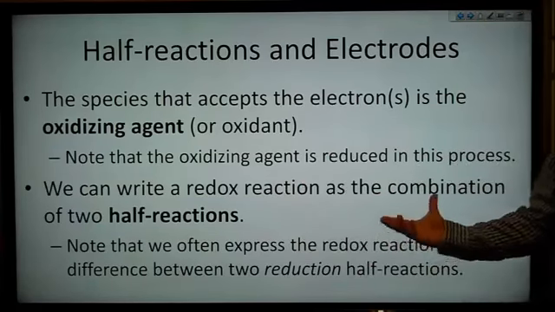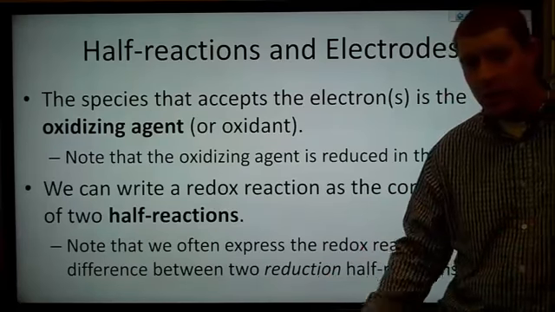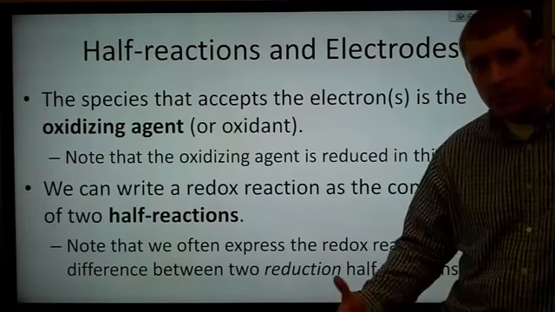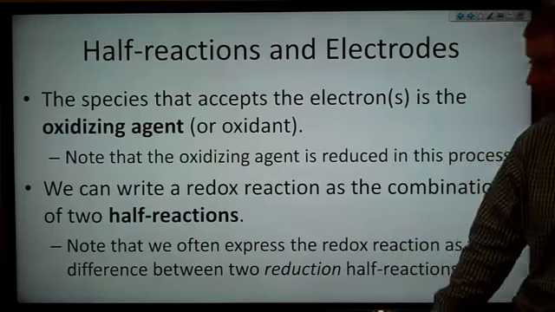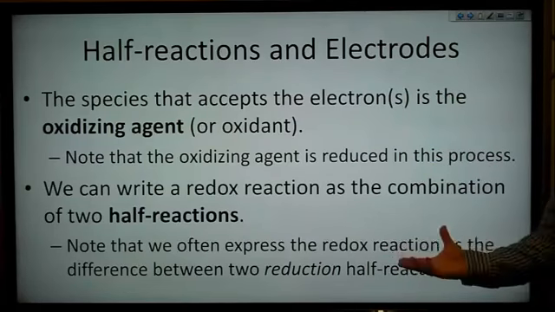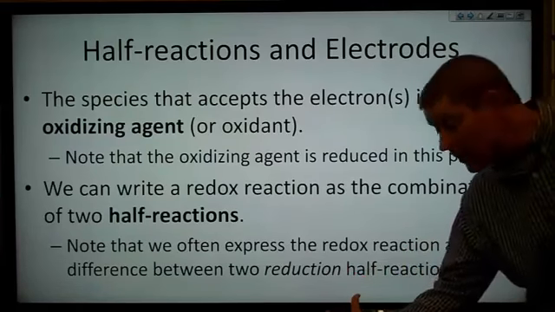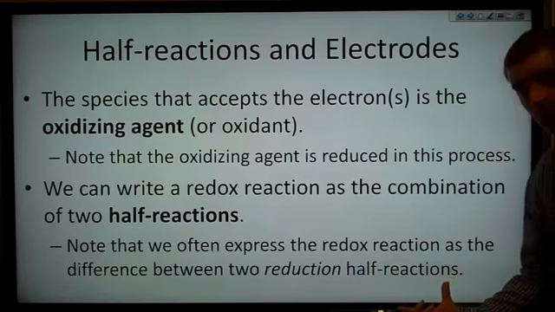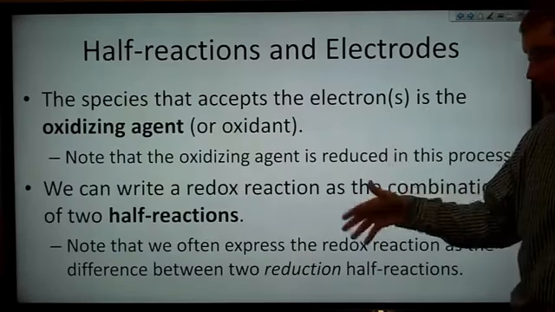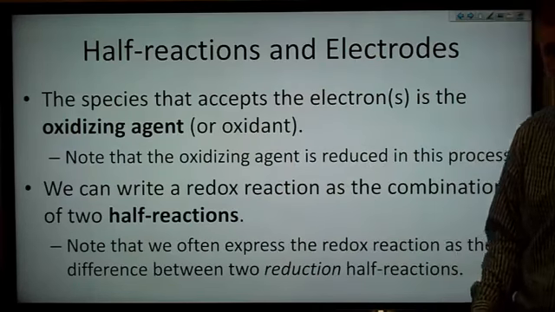So we can write a redox reaction as the combination of two half reactions. We can split our electrochemical cell into two half cells. So two half reactions. Note that often we're expressing the redox reaction as the difference between two reduction half reactions, not as the addition of an oxidation and a reduction reaction.